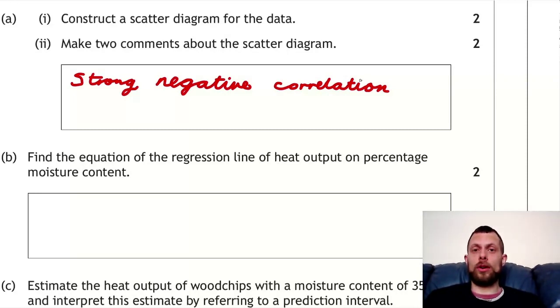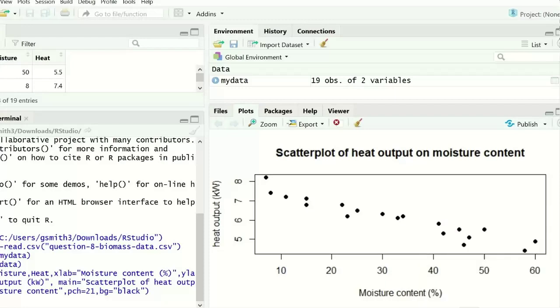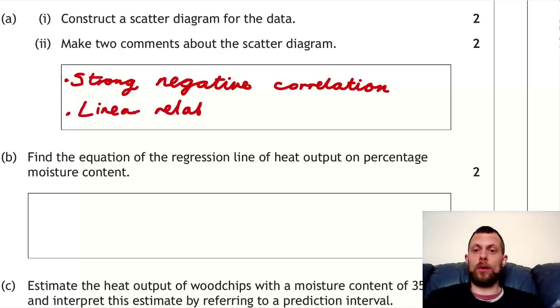The other thing you could have said was, looking at the graph, as well as there being a negative relationship, you can see that the points lie on a straight line. That means you can say, even without doing a correlation, that it is a linear relationship. That's the other thing you could have stated: that there is a linear relationship between the 2 variables.